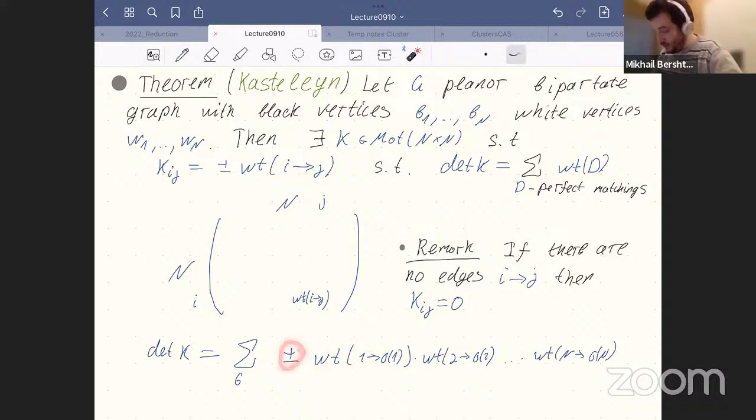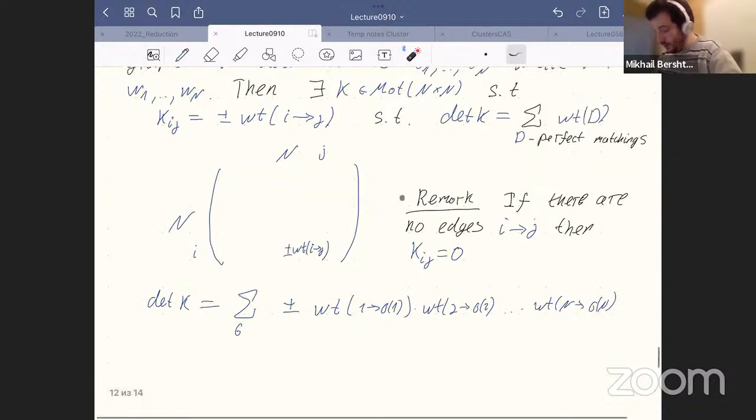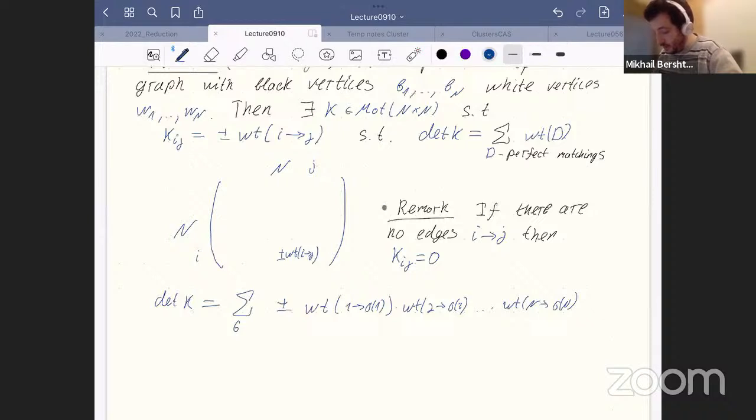This sign has two sources. First of all, we have the sign of the permutation, and second, we have signs due to Kasteleyn signs. And the theorem says that we can choose Kasteleyn signs in such a way that this is equal to just the sum over D of the weight of D.